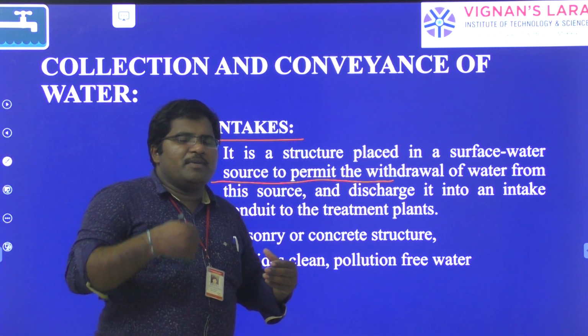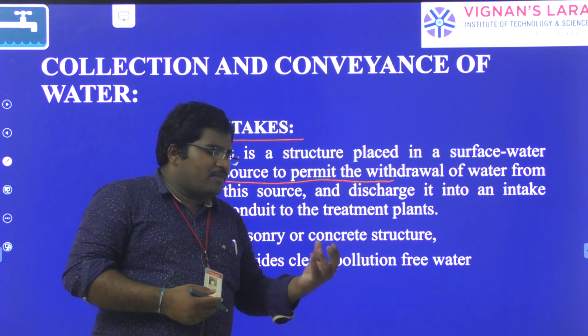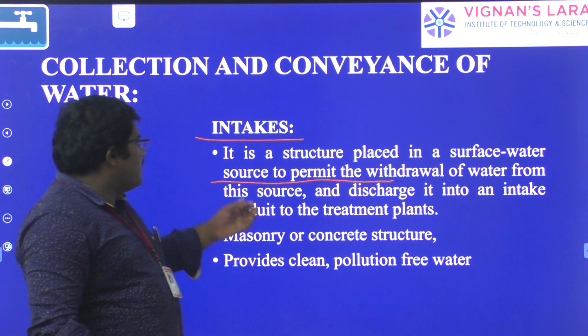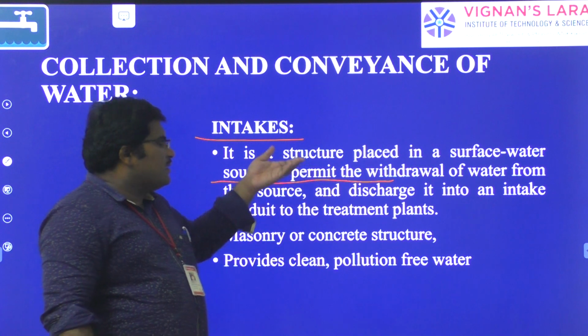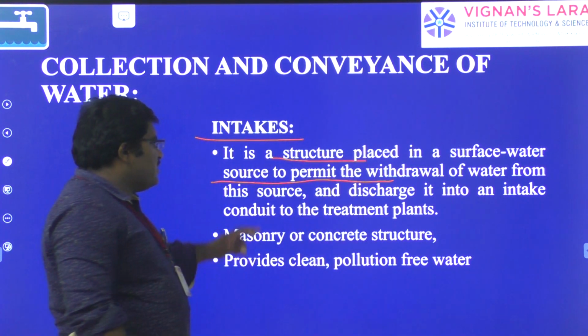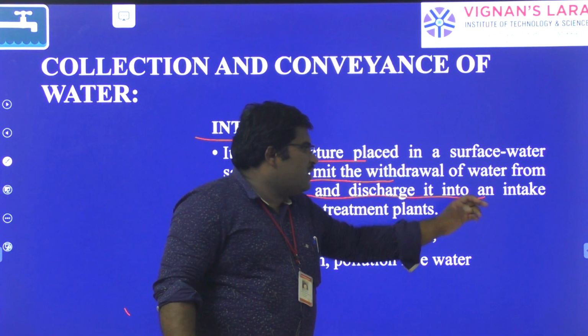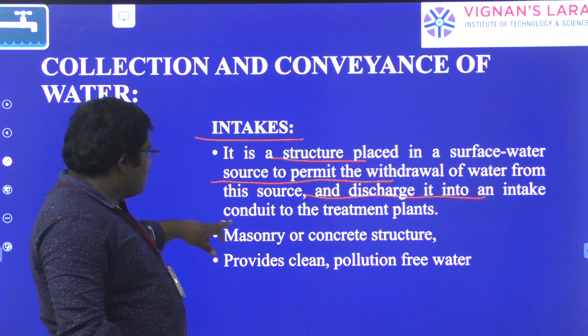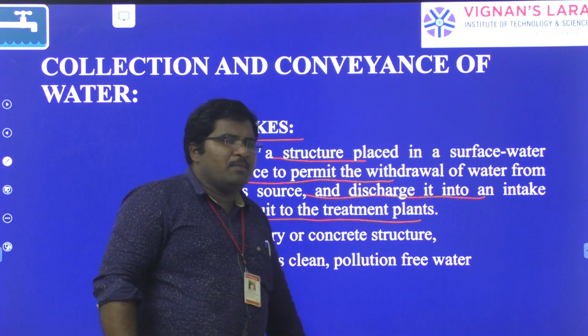Whatever the source may be, if you want to get water from it, you have to build some structure. That is called an intake, and it also discharges into an intake conduit to the treatment plant.